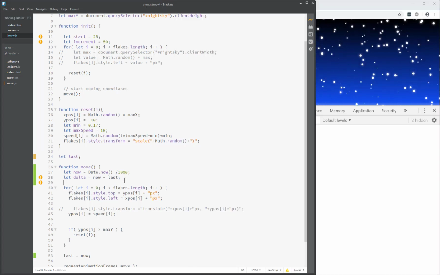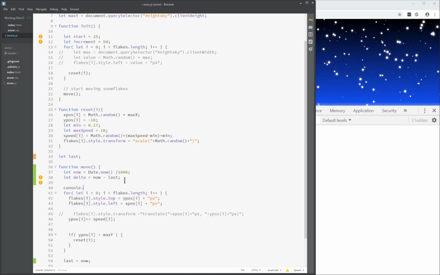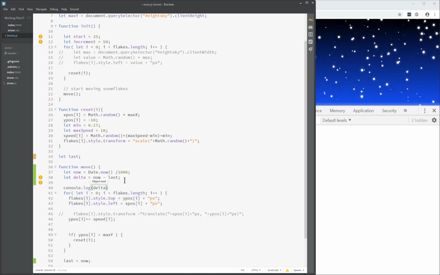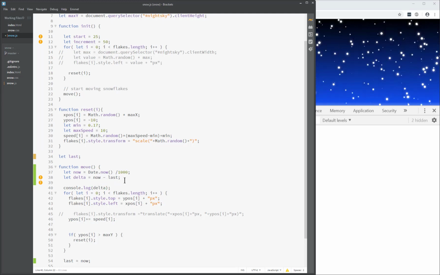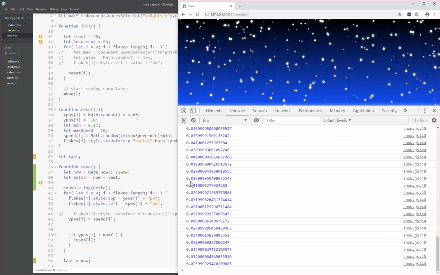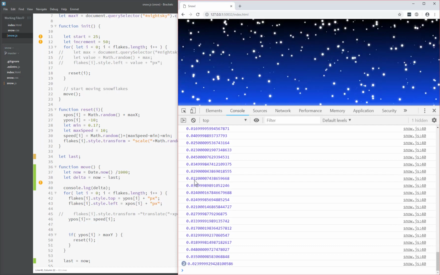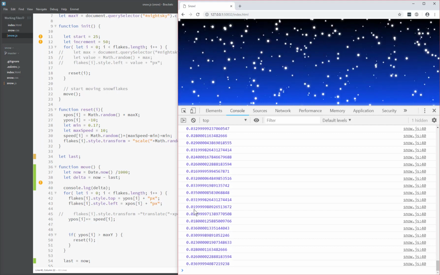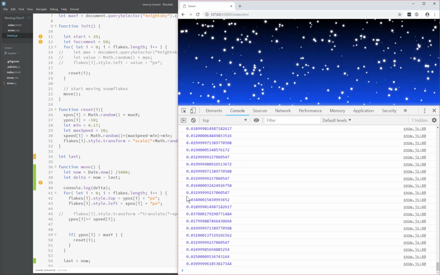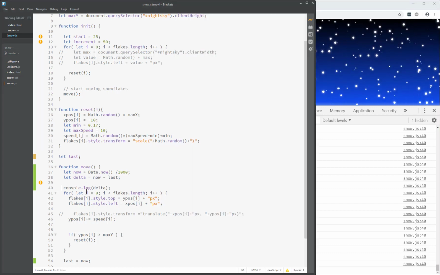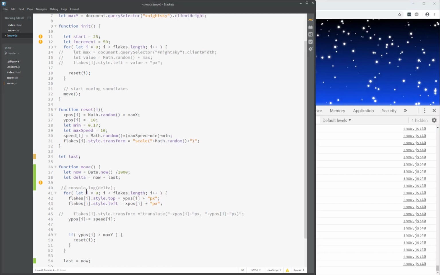Let's just console log the delta to see what happens. It's number 0.012. That looks kind of like almost 50, 60 frame rates here. So that's the number of seconds between each frame. I'm going to stop console logging them.